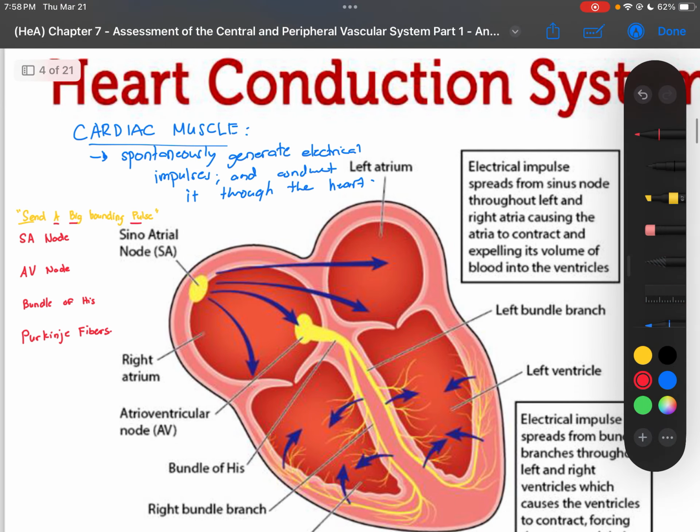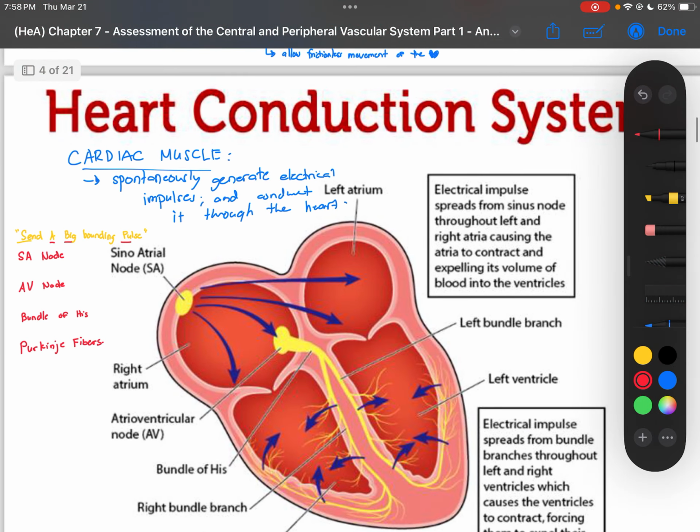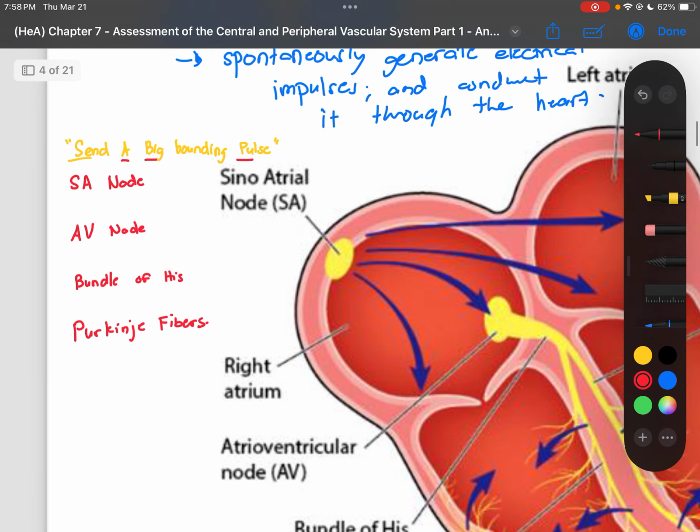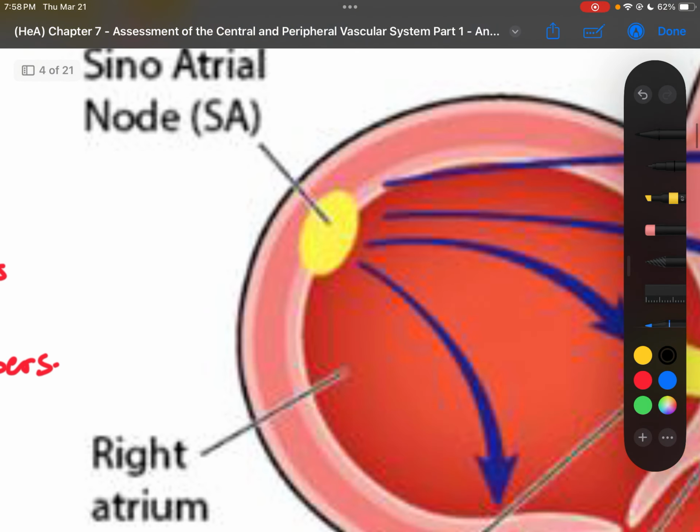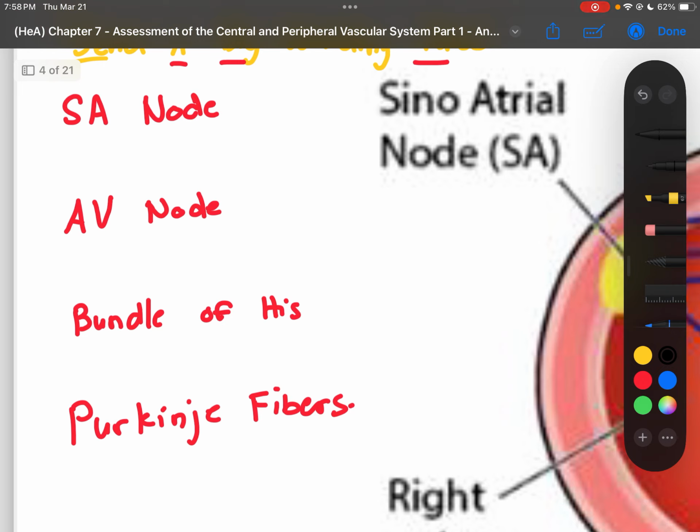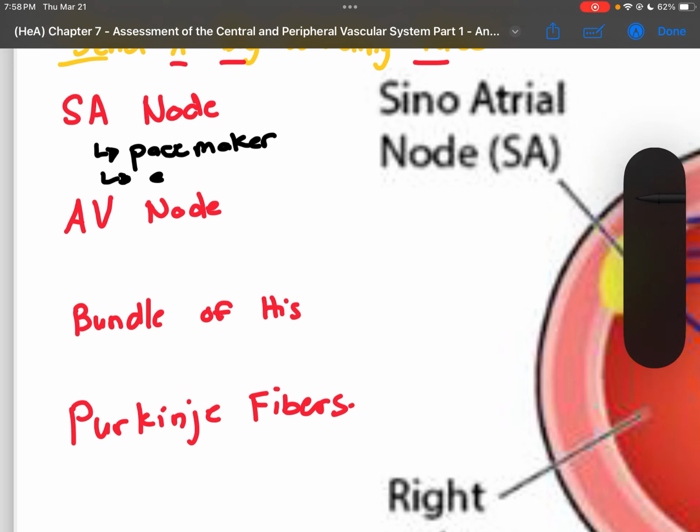Now, it works like this, class. If it's only in your mind, it's still pointless. Now, class, let us start first with our SA node. Our SA node is also known as our pacemaker.